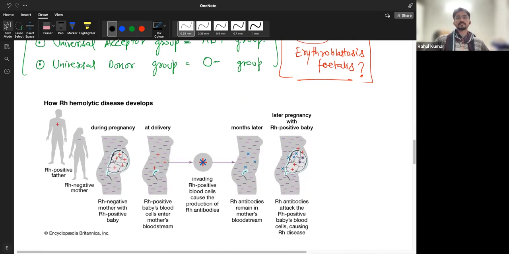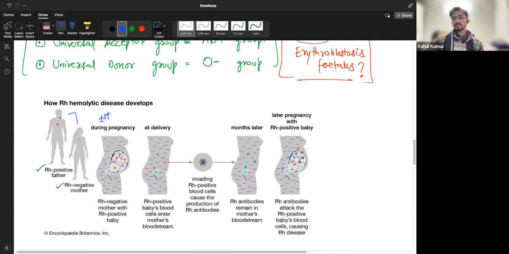Let's say there's a father who's Rh positive, and the mother is Rh negative. When these two have a kid during the first pregnancy, it could also be the second. If it is the second one during which it is happening, then the subsequent pregnancy will suffer. Just for simplicity, let's say this is the first pregnancy.